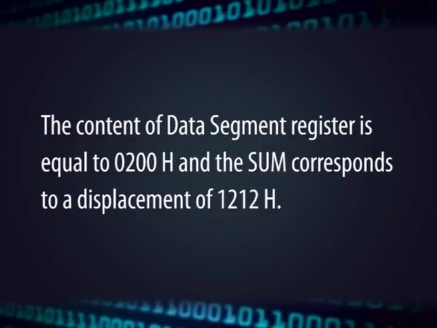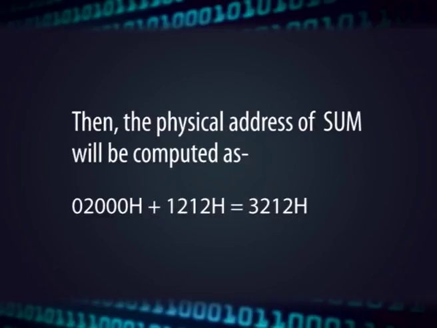Let us assume that the contents of the data segment register is equal to 200 hexadecimal and SUM corresponds to a displacement of 1212 hex. Then the physical address of SUM will be computed as 0200 with 0 appended, that means it becomes 2000 hex, plus 1212 is added, which makes the address 3212 hexadecimal.